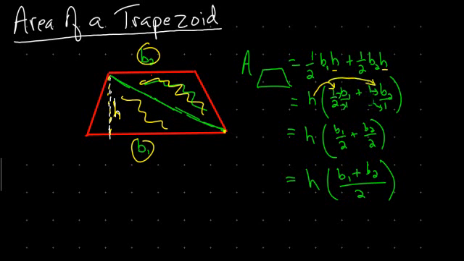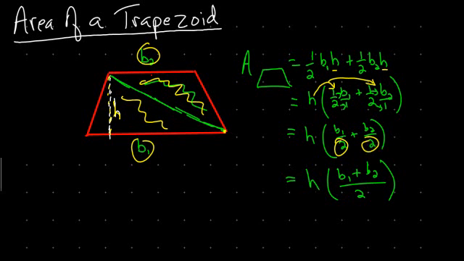So we pull the h out, and we're left with 1/2 times b1 plus 1/2 times b2. 1/2 times b1 resulted in b1 over 2, 1/2 times b2 resulted in b2 over 2. And now we have common denominators. We can add our numerators and get the area of the trapezoid is b1 plus b2 divided by 2, times the height h.